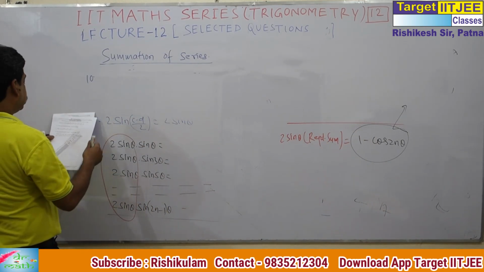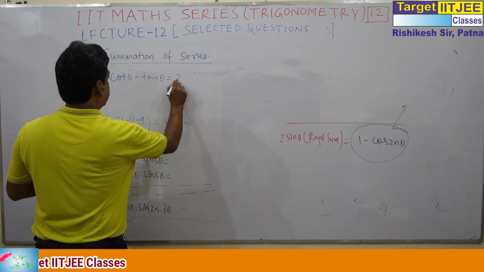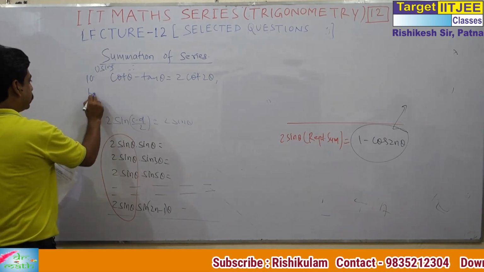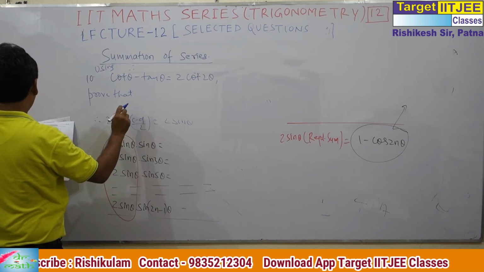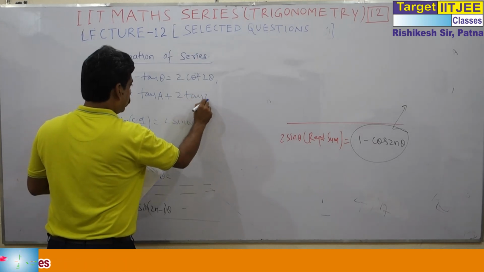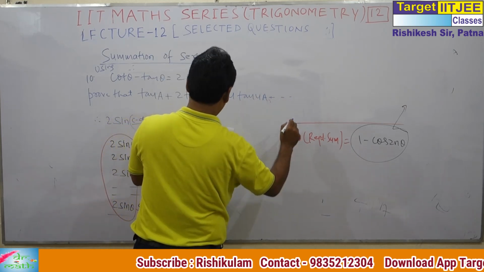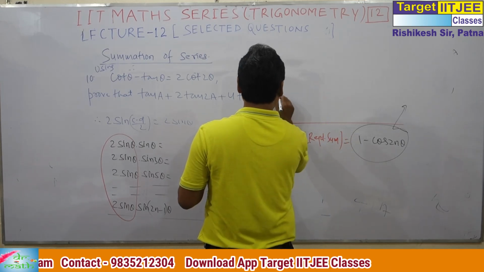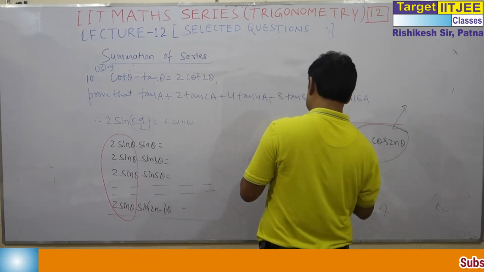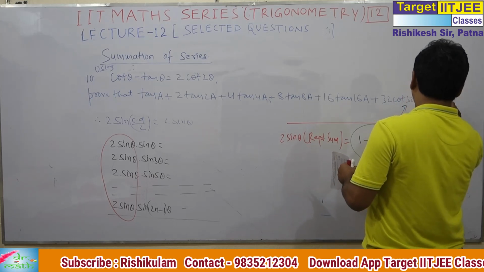The question is, using the identity cot theta minus tan theta is equal to 2 cot 2 theta, prove that tan a plus 2 tan 2a plus 4 tan 4a plus 8 tan 8a plus 16 tan 16a plus 32 cot 32a is equal to 40.